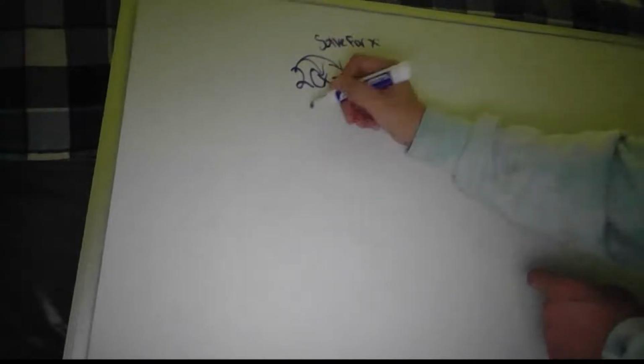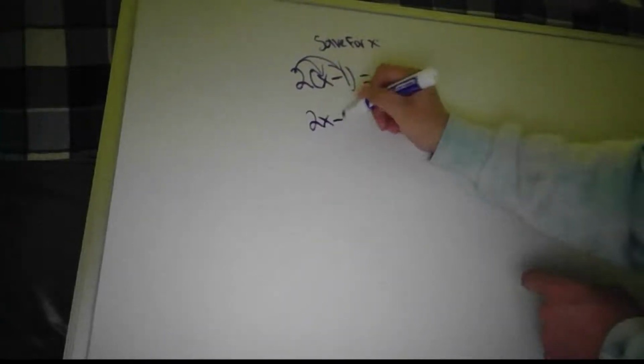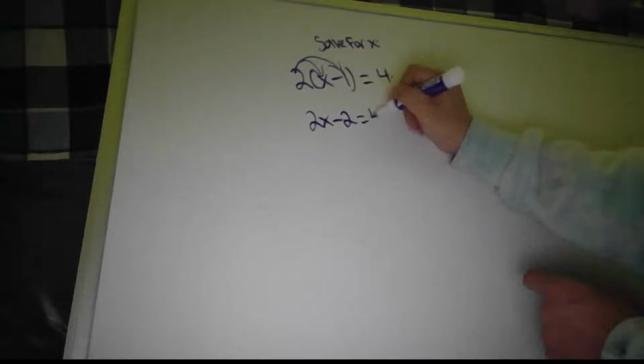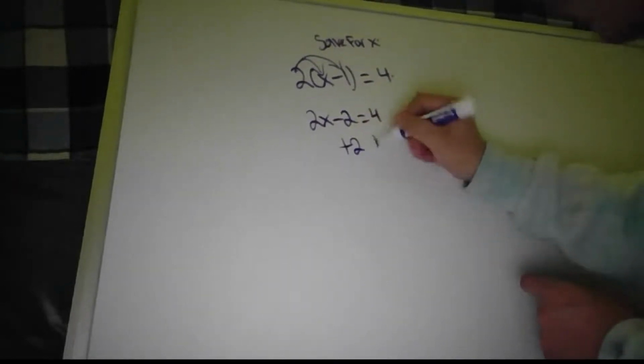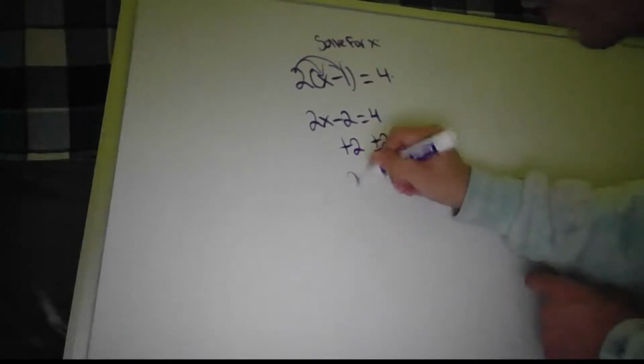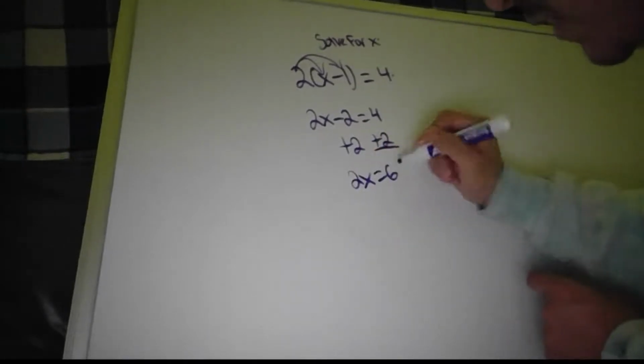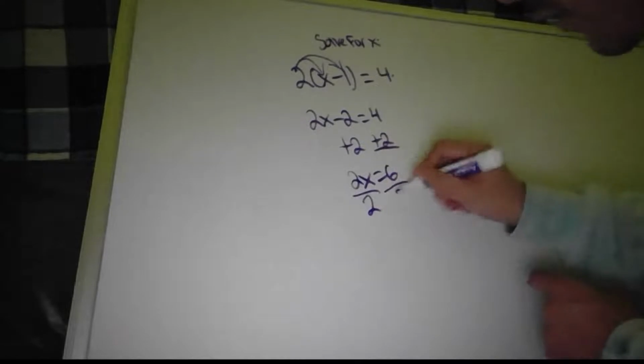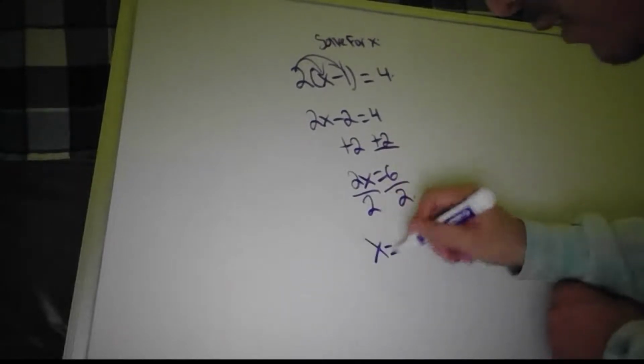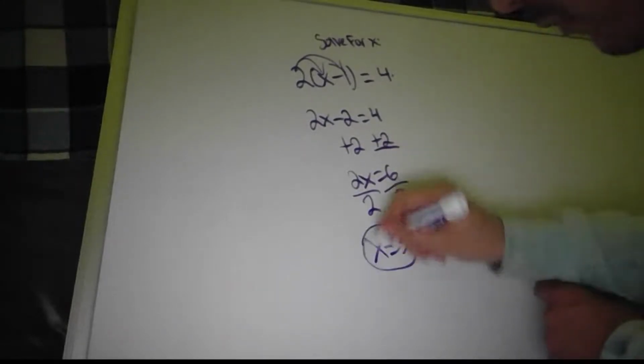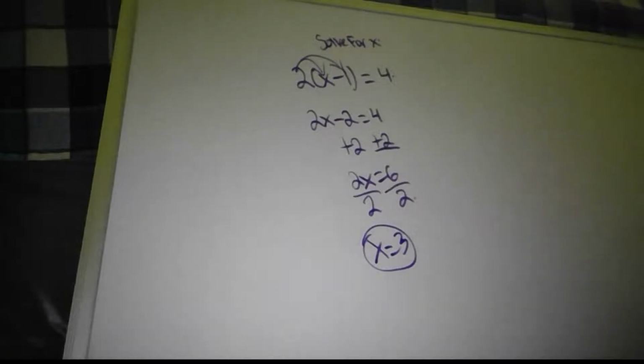You're gonna say 2x minus 2 equals 4, right? You add 2 to both sides. You have 2x equals 6. Divide by 2 on both sides. X equals 3, right? And that's how you do it.